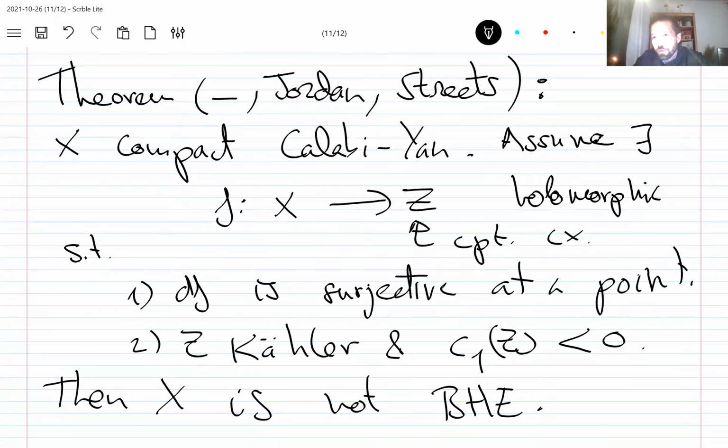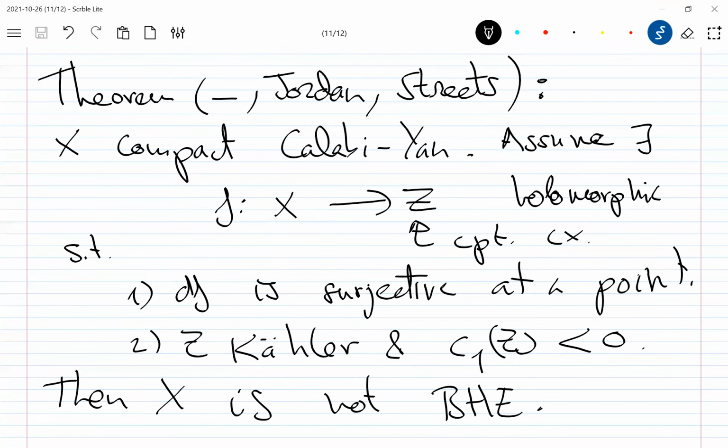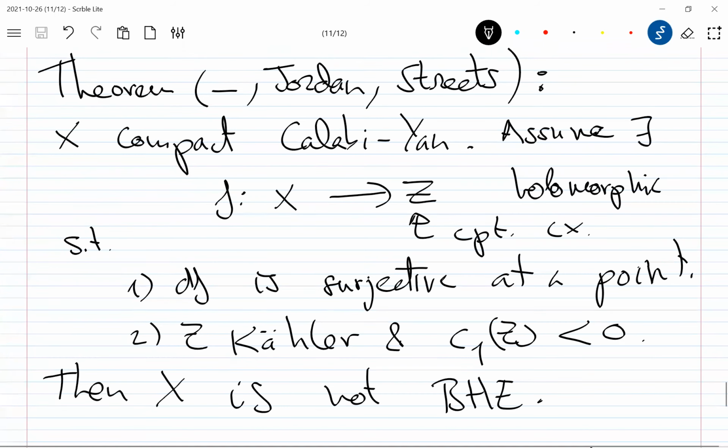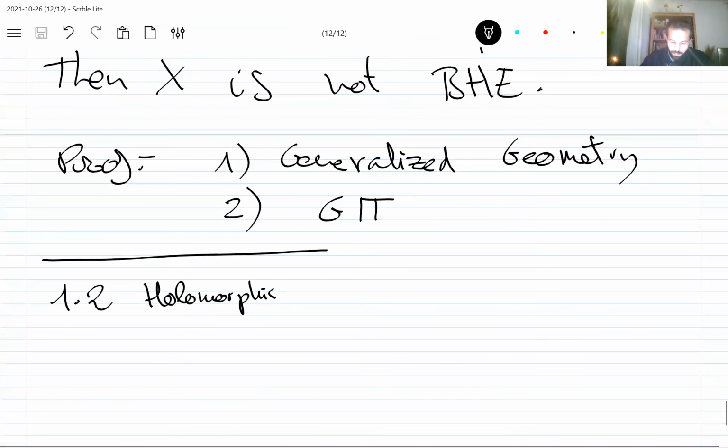Yeah. So you have a T2 fibration over a compact Riemann surface of genus bigger or equal than 2. Okay, I see.